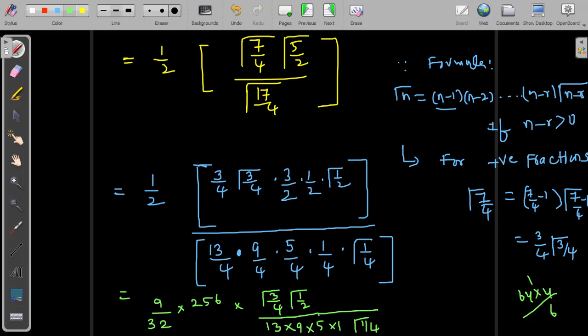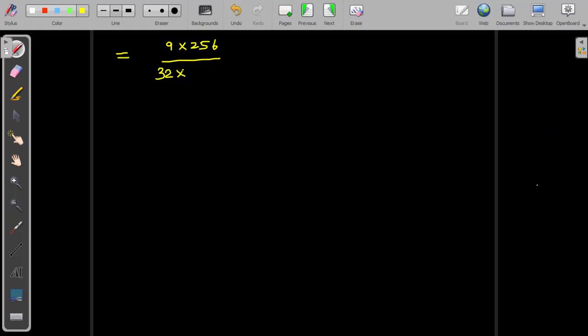The next step is multiplying here 32. So 9 times 256 divided by 32 times 13 times 9 times 5, again here gamma 3 by 4 times gamma half divided by gamma of 1 by 4.